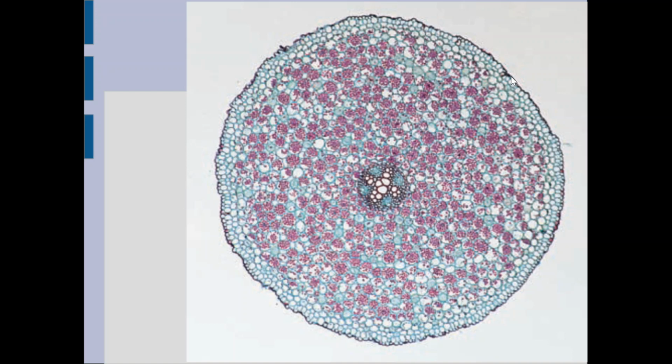The water enters by diffusion along the cell walls, and the cellulose absorbs the water like a sponge.